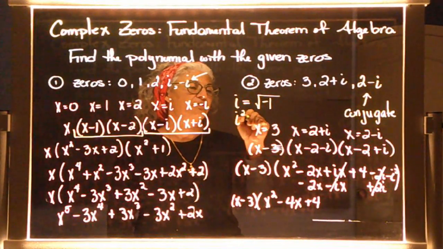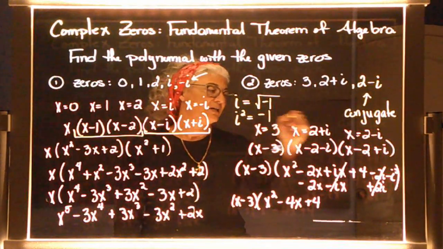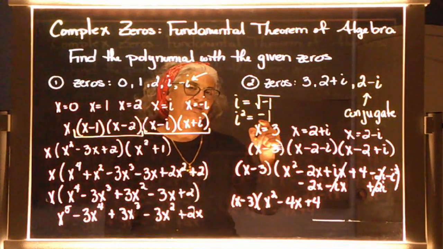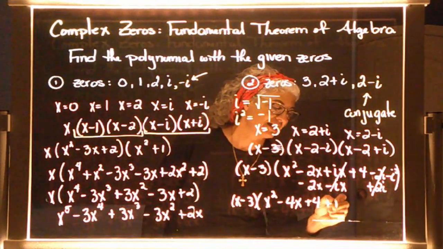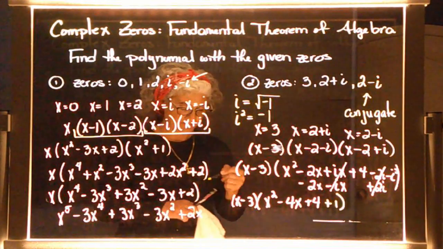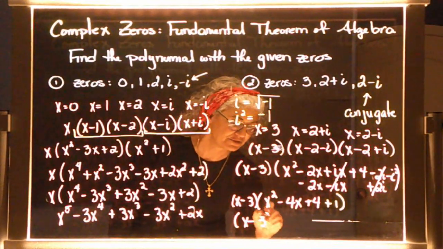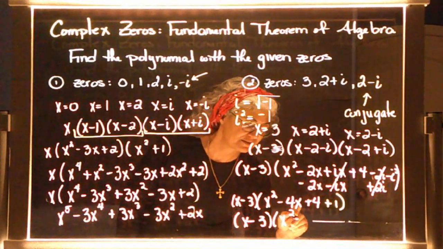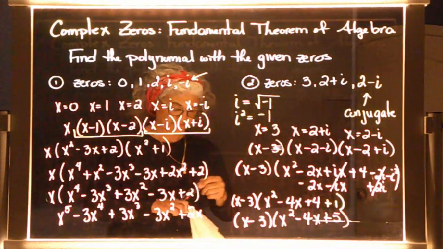So i to the power of 2 is equal to negative 1. If you have a negative in front of a negative 1, what does that make it? Yeah, that makes this minus i squared into a plus 1. Which means we have x minus 3 times the quantity of x squared minus 4x plus 5.